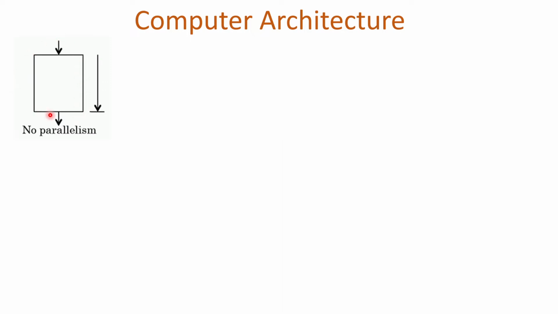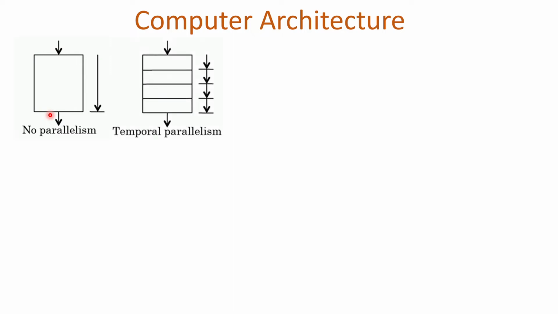And we have seen that the time required to complete in this scenario will be huge, and that's why we introduced the concept of parallelism. What we have done is divide that particular hardware into a number of independent stages, so that each and every stage can be busy with different instructions at the same point of time.